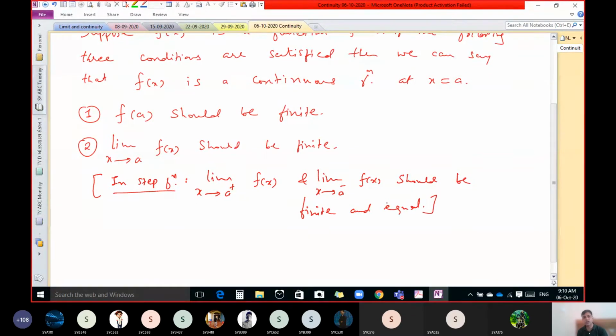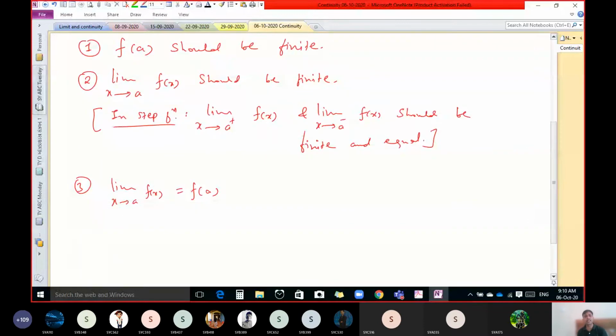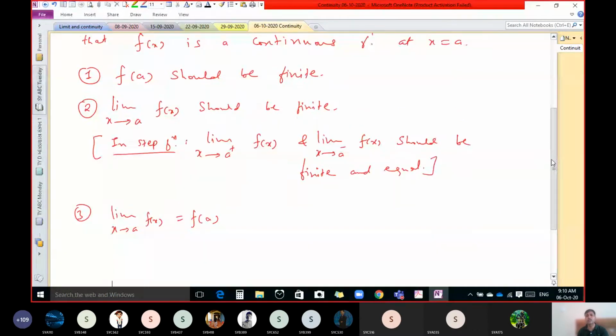So the limit of the function should be finite, that is the second condition. And the third condition: the values of f of a and the limit as x tends to a of f of x should be equal. If these two are equal, then we can say that the function is continuous.